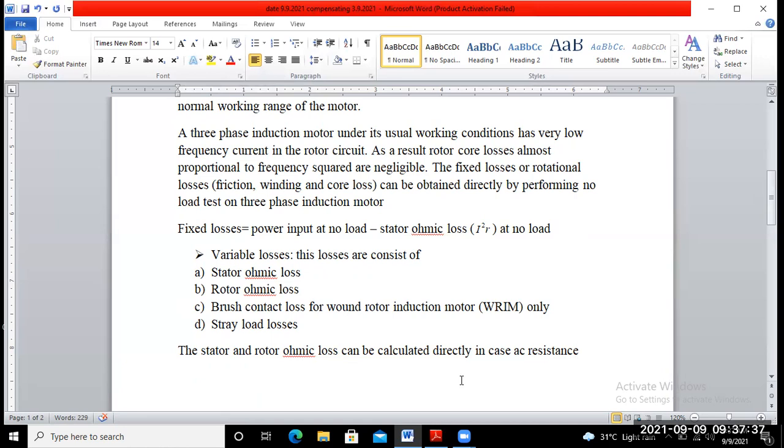If you don't know the resistance value, then you perform the blocked rotor test on the three-phase induction motor.